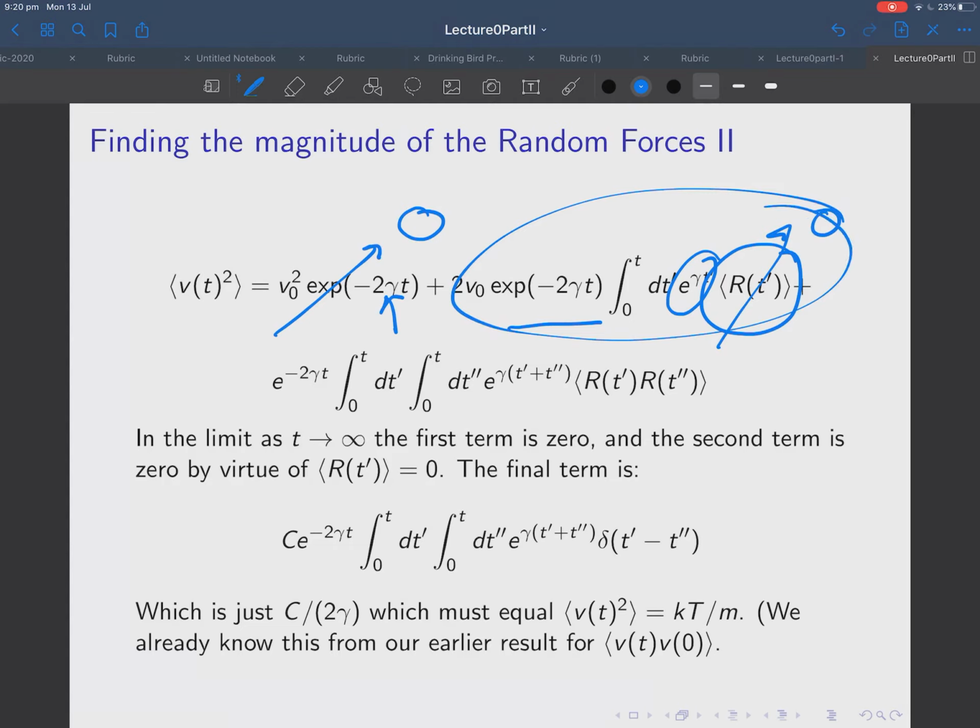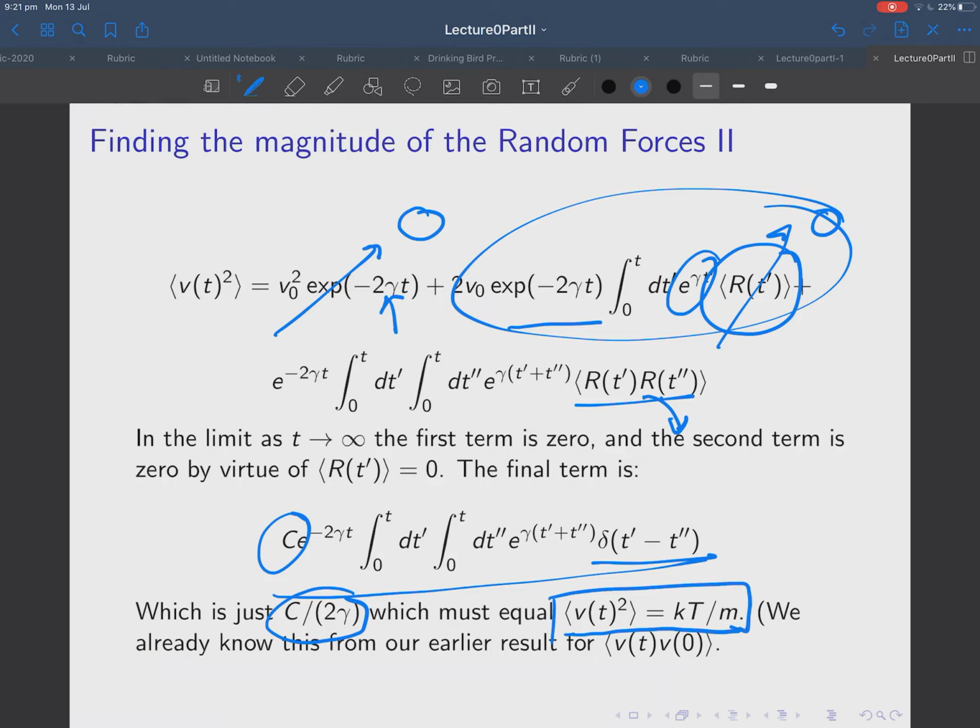The final term is just this thing here, the average of R of t prime R of t double prime, which must be equal to what we explained before, the constant c times the delta function. And so the final term we can actually evaluate. Just do that integral. The delta function gives you one integral and the other bit is an exponential, and we find c on 2 gamma, and this must equal the left-hand side, which we told you before must equal kT on m.